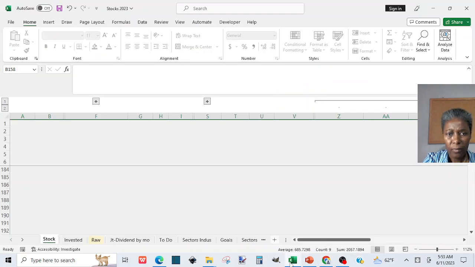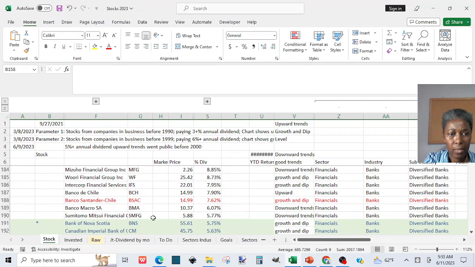It is for how to create a spreadsheet to record your dividend stocks that you want to invest in. You just open, you can use Google Sheets, you can use a spreadsheet. I'm using a spreadsheet.